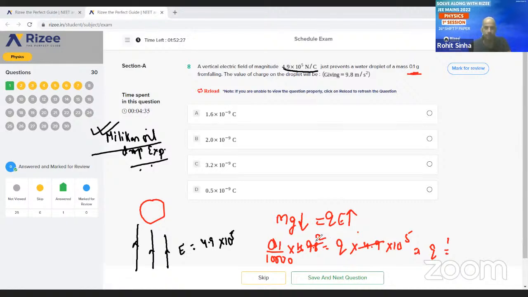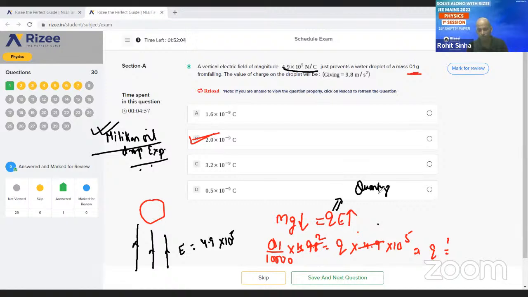Now you should remember one thing. This was a question from Millikan's oil drop experiment, and by the help of this experiment, Millikan proved that charge is quantized.